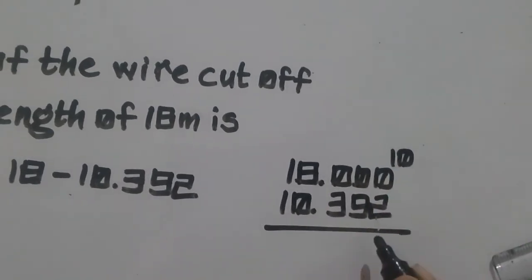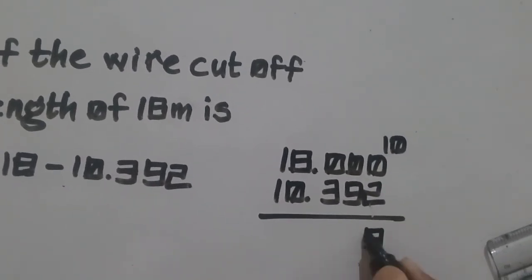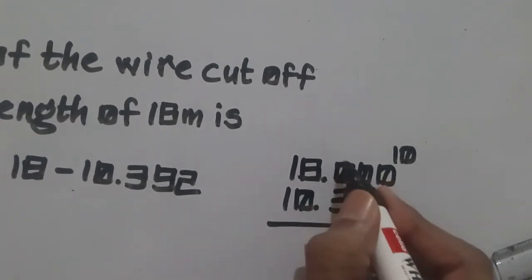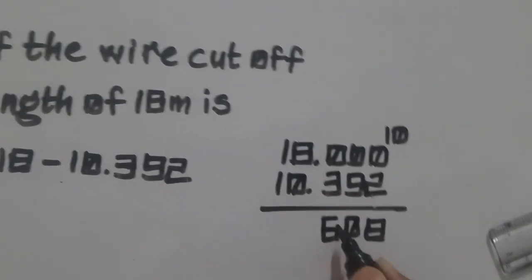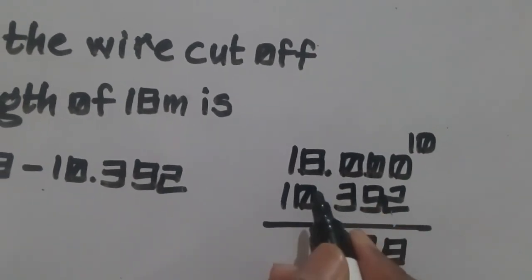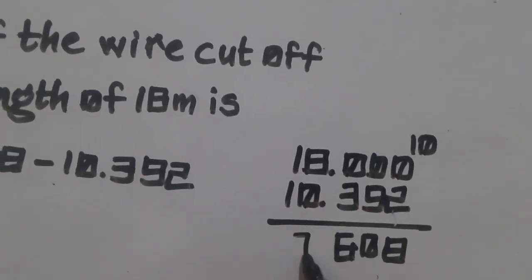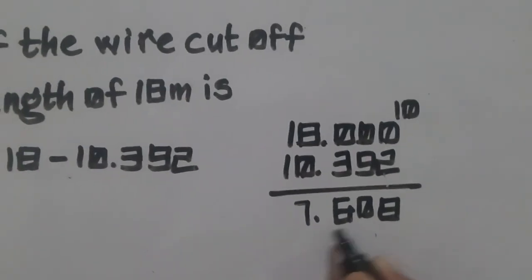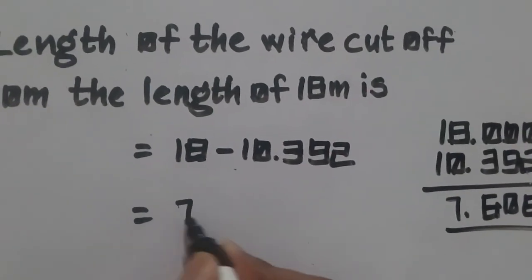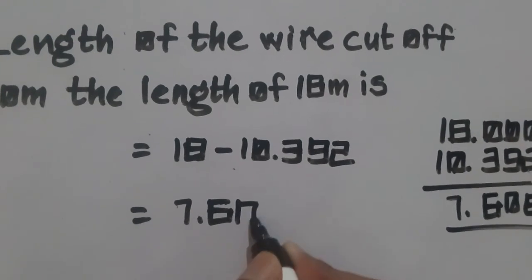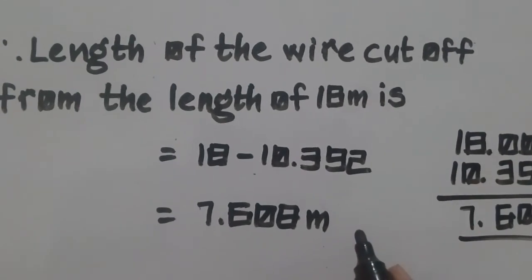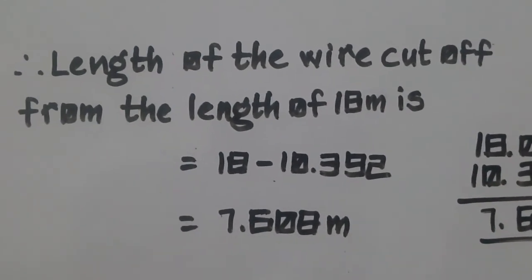Taking borrow, 10 minus 2 gives 8, next 9 minus 9 is 0, and 9 minus 3 is 6. Now 7 will remain. So 18 minus 10.392 is equal to 7.608 meters. This is the length of the wire that is removed or cut. Hence we proved.